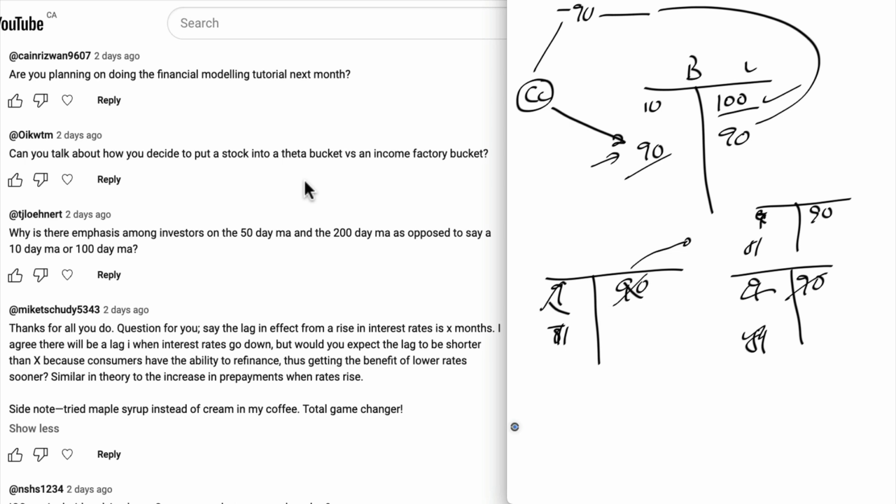You say lag effect from a rise in interest rates is X months. I don't say that. The Fed says that. I agree that there will be a lag when interest rates go down, but would you expect the lag to be shorter than X because consumers have the ability to refinance, thus getting the benefit of lower rates sooner?